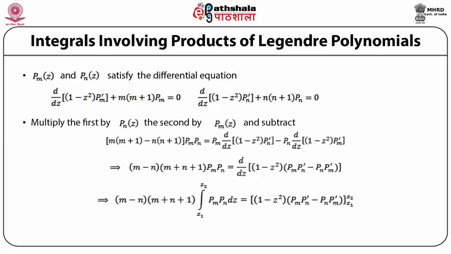Now, we multiply the first of these equations by Pn and the second by Pm and subtract the two.